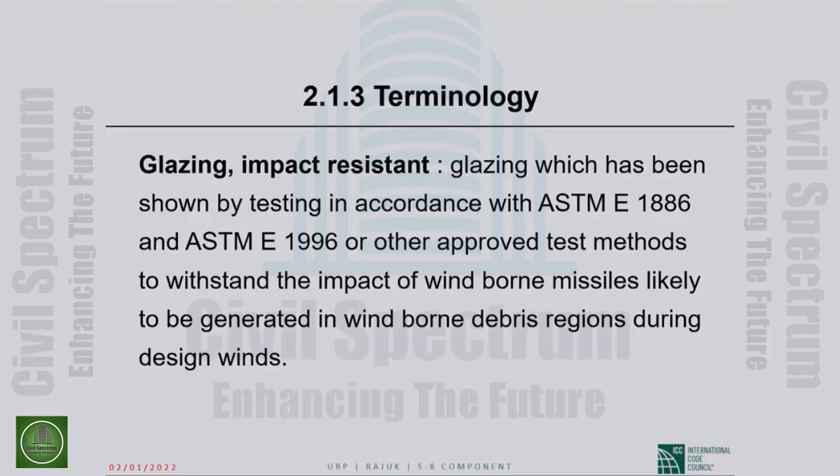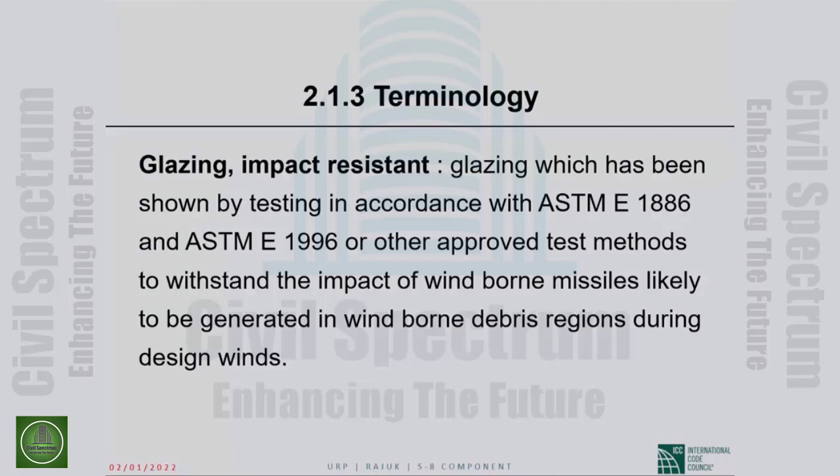Every structure in windborne debris region must have the glazing, the glass, either impact resistant, the glass itself has to be impact resistant, or there has to be impact resistant covering on the glass. Okay?